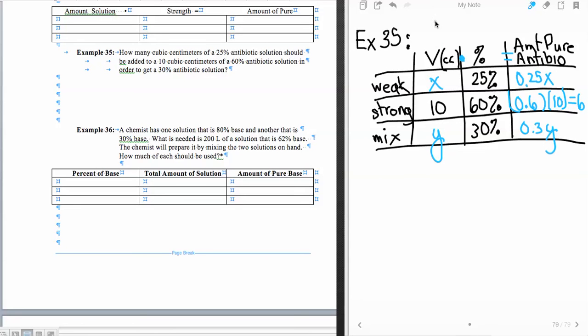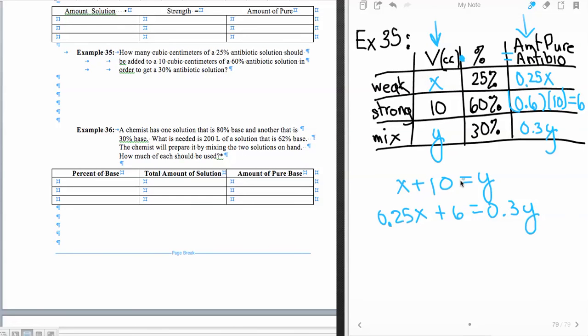Now you see we're going to get one equation from here, and we're going to get a second equation from here. So we have x plus 10 is equal to y this time. And then the next equation, 0.25x plus 6 is equal to 0.3y.